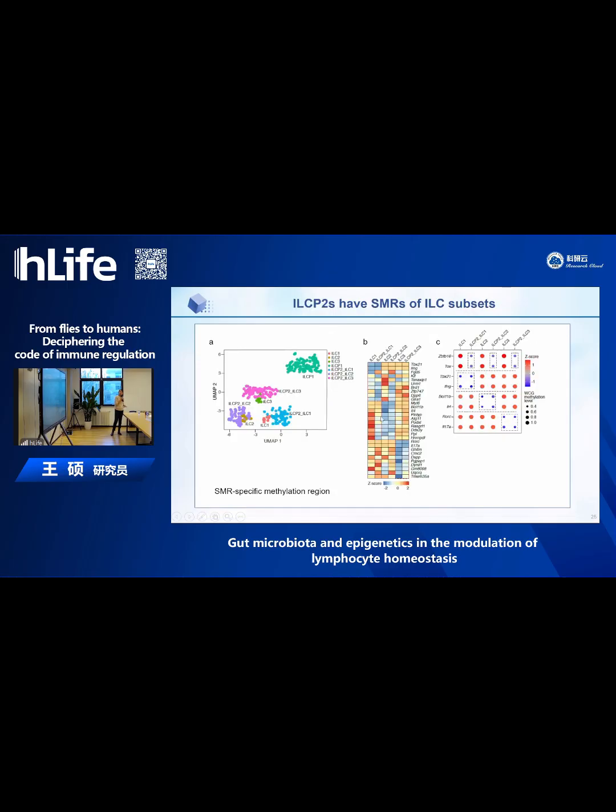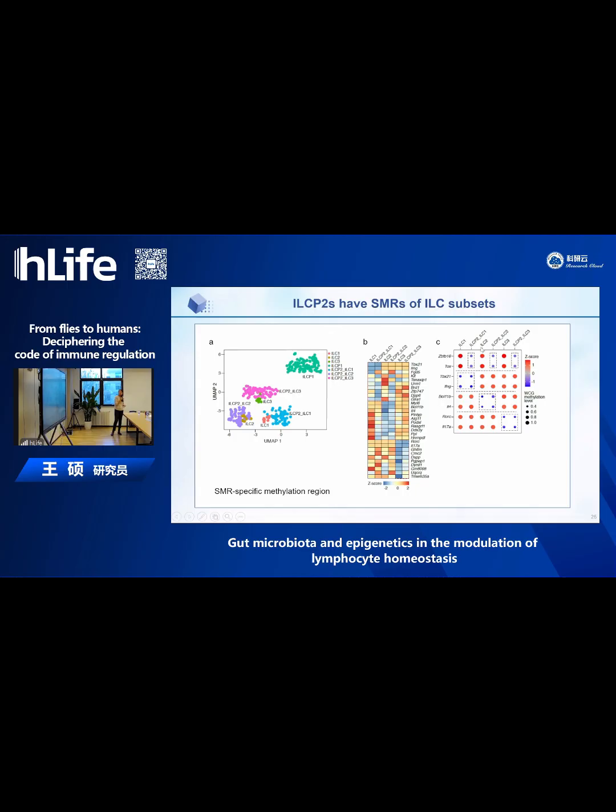And then we analyzed the heterogeneity of the ILCP2 subset. Surprisingly, we found that even though they are precursor cells, some ILCP2 have a methylation signature of the functional ILC subsets.